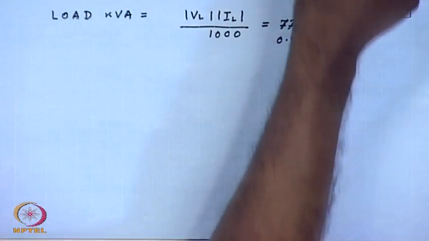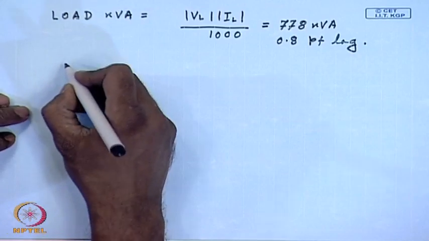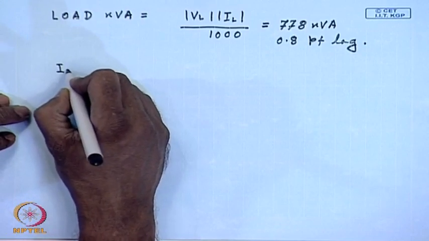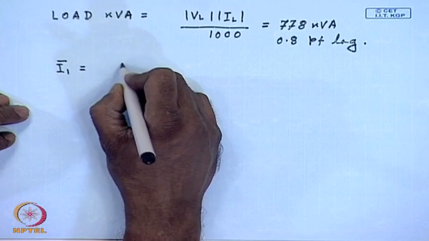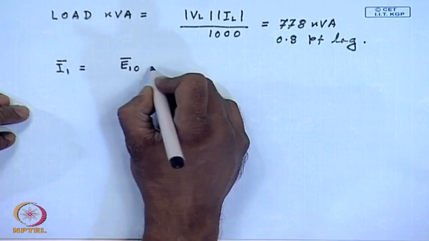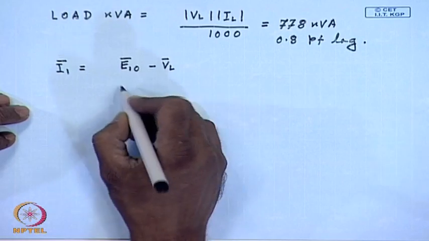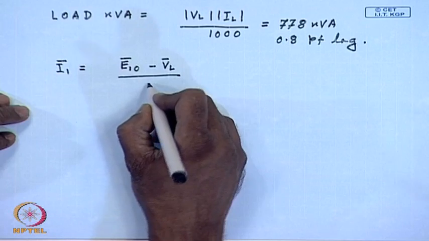So, I1 vector will be E10 minus VL divided by Z1.